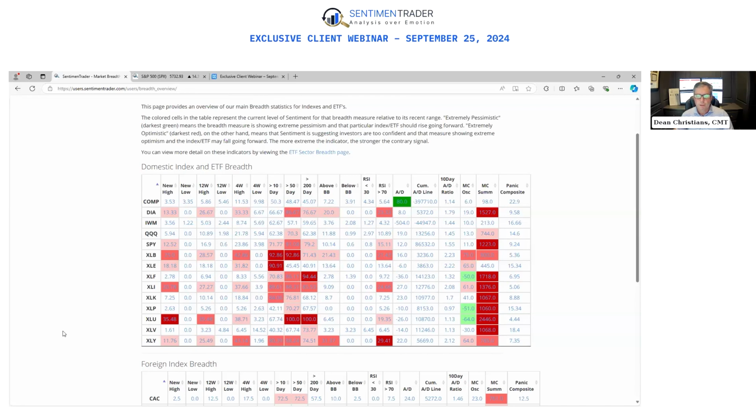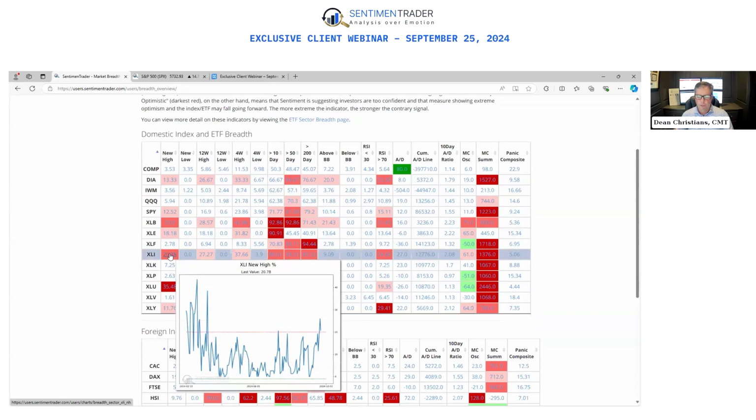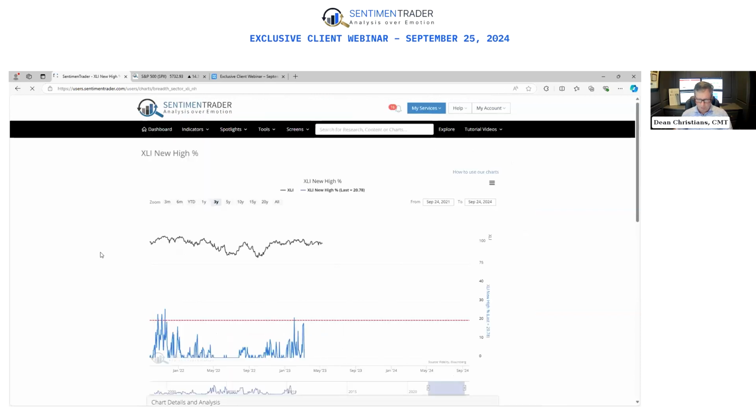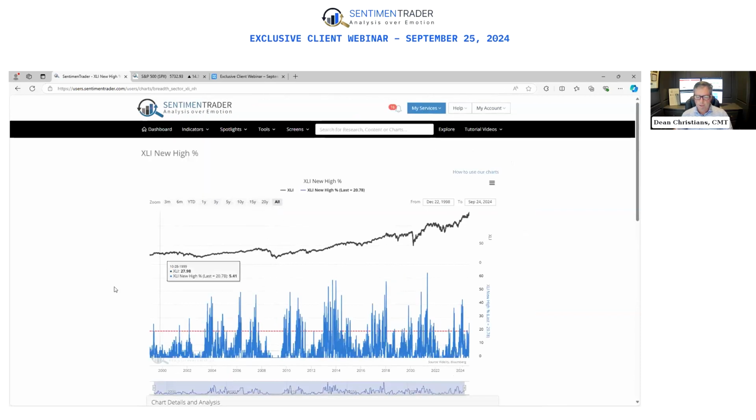So this is another good resource where you can come in here and quickly assess, okay, what's showing the highest level of 52-week highs or 52-week lows. You can quickly hover over one of the indicators. It'll give you that chart that you can then see, all right, is this at an extreme level, and then of course, if you want to, you can click through and pull up a broader chart here, look at all the history.